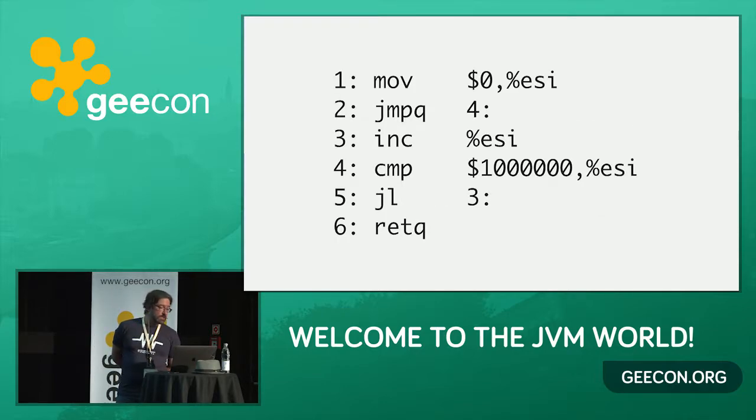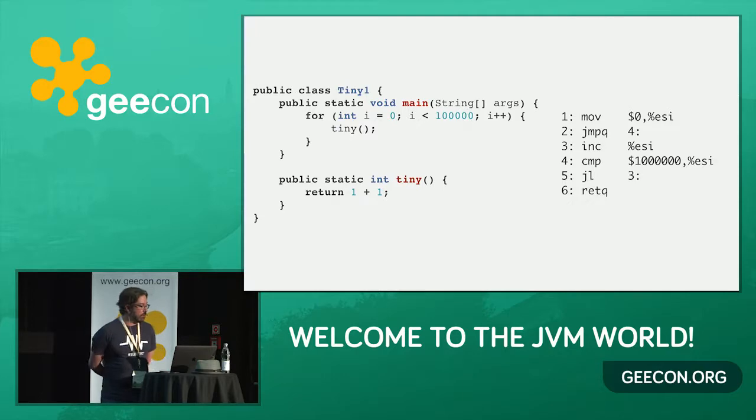Now we'll remove some of those verbose 64-bit addresses, and we've got our move, jump, and so on. We can correlate these back to our code. At the beginning, we move 0 into some variable. That's the initialization of our loop. We jump down to the bottom, and this is an interesting thing: the first thing we do is actually jump to a test.